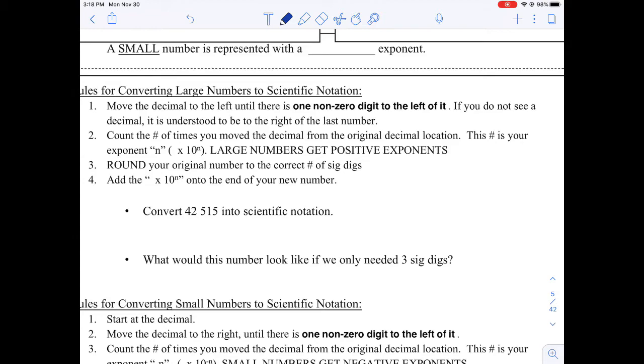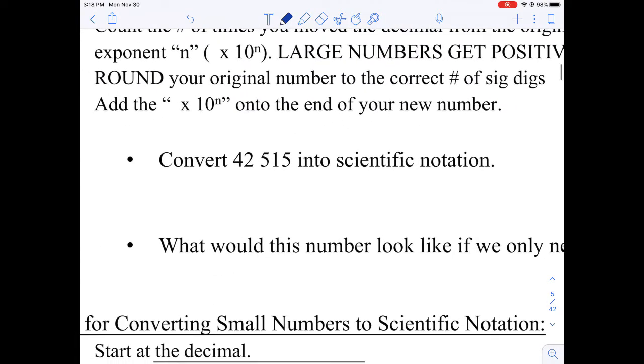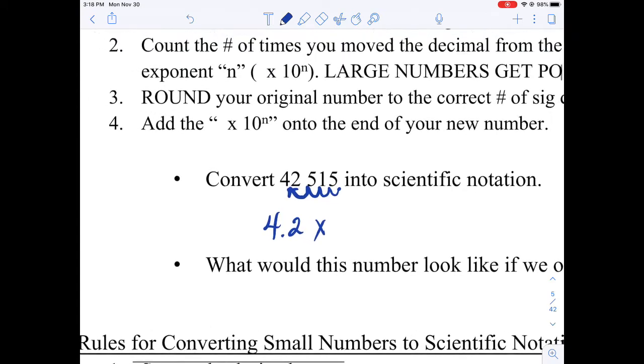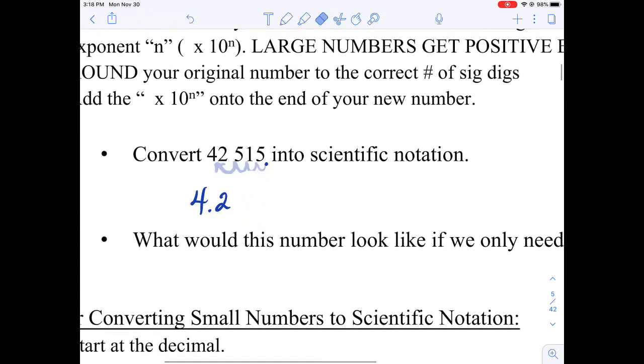So if we were going to do this number and put it into scientific notation, so there's a decimal here, and it's going to go 1, 2, 3, 4 spots over. It'd be 4.2. Well, if we were going to round it to two significant digits, we went 1, 2, 3, 4. It'd be 4.3 times 10 to the, we moved it over 1, 2, 3, 4 spots, right?